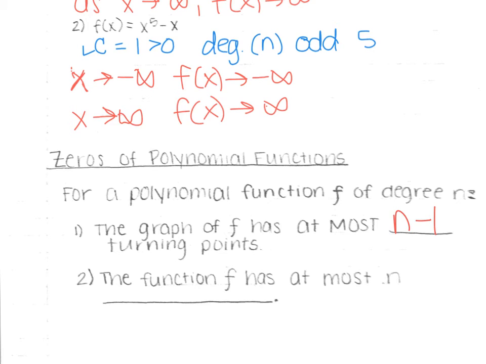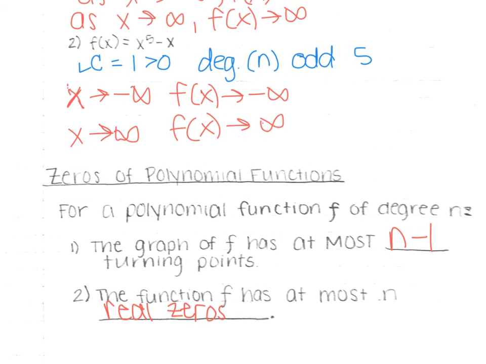Additionally, the function f has at most n real zeros. Now, we could have imaginary complex zeros, but what we're talking about here is that the function has at most n real zeros. So if we look back up above to example 2, our degree is 5, so we have at most 5 real zeros, and we have at most 4 turning points.